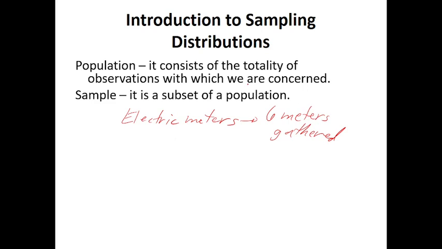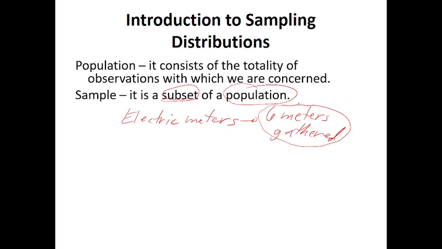Now that is a subset of the population, because your population is electricity meters in a distribution utility, and you will gather data from those meters of that utility, and you will only select 6 meters.